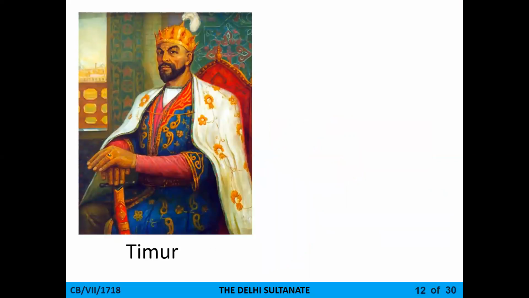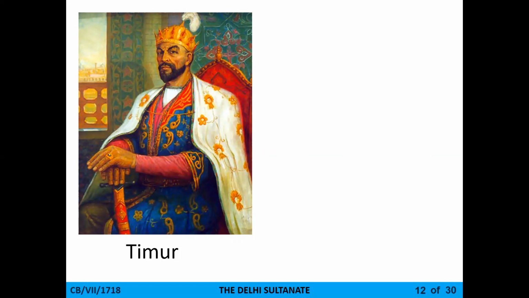We already studied that many foreign invaders invaded India because of its wealth and prosperity. For example, Mahmud of Ghazni, Muhammad Ghori, and many more. And one such invader was Amir Timur. He attacked India in 1398 CE as a part of his aggressive territorial conquest.